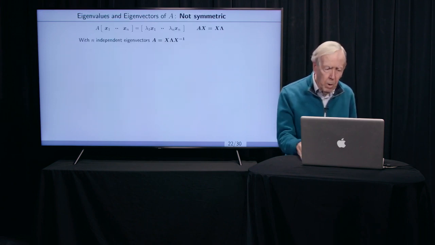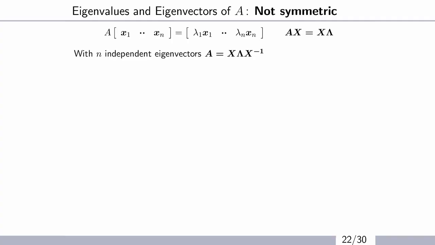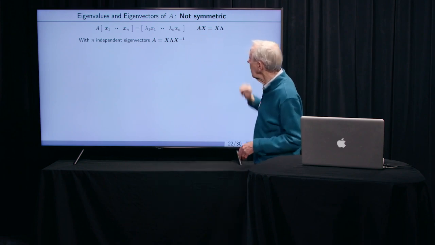Now I have to say what's the situation if the matrix is not symmetric. Now I am not going to get perpendicular eigenvectors. That was a symmetric thing, mostly. But I'll get eigenvectors. So I'll get Ax equals lambda x.